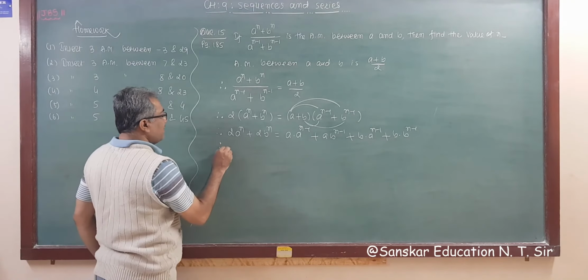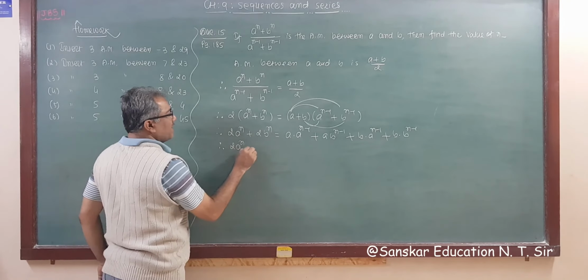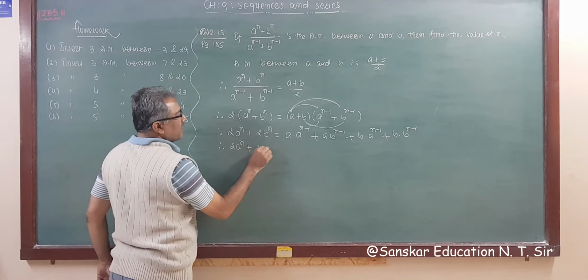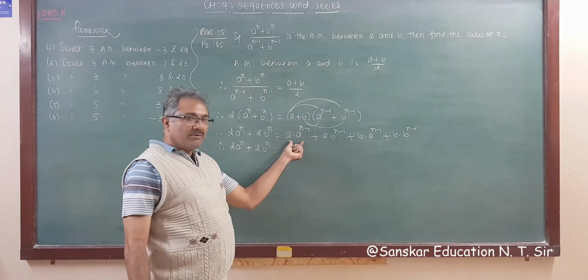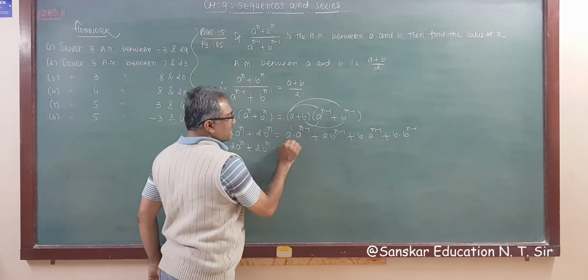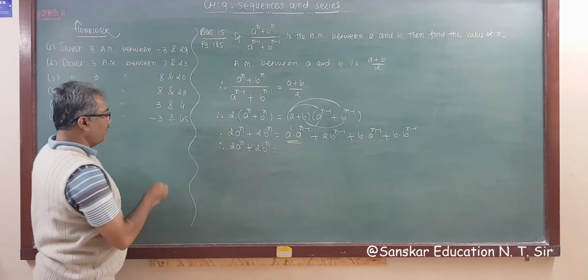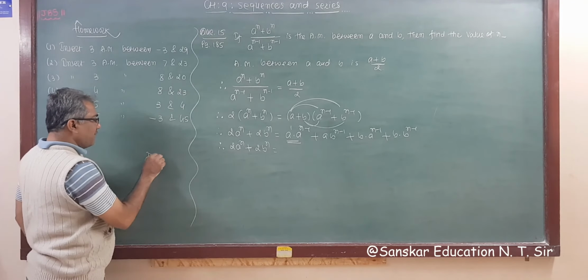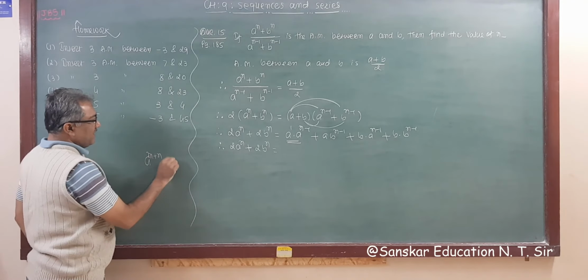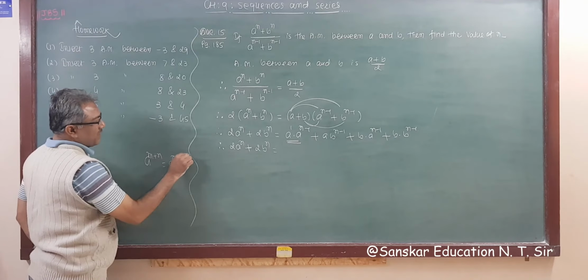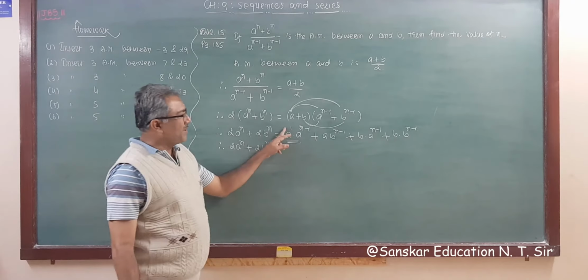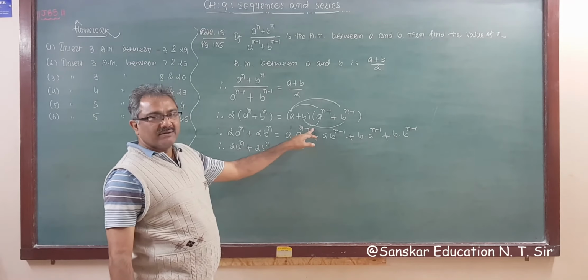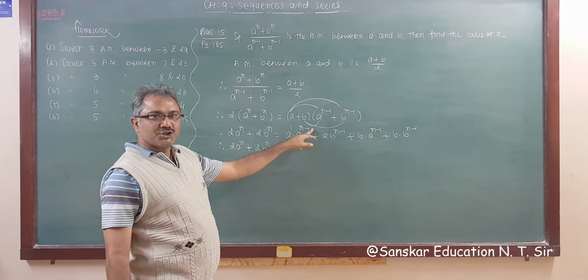So this is 2 times a raised to n plus 2 times b raised to n is equal to, now the base of both numbers is the same and the power of this is 1. So you have one formula: a raised to m plus n, we write as a raised to m into a raised to n. That is, base same, then sum of the powers. So the sum of the powers is 1 plus n minus 1, that is a raised to n.